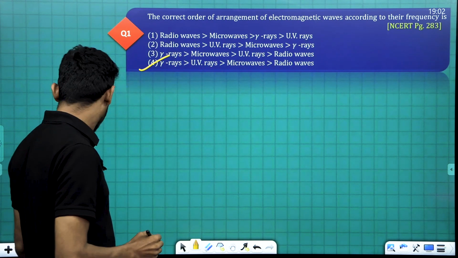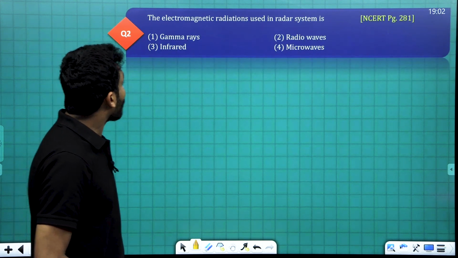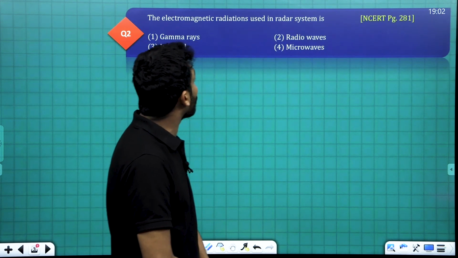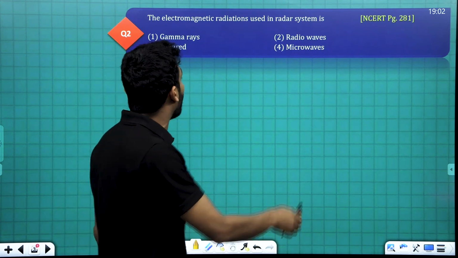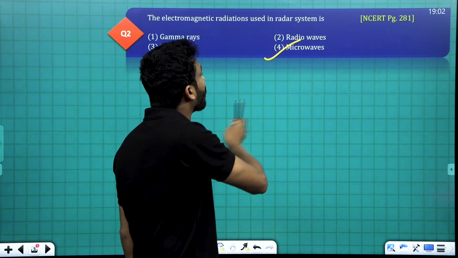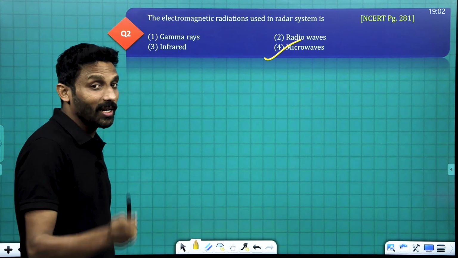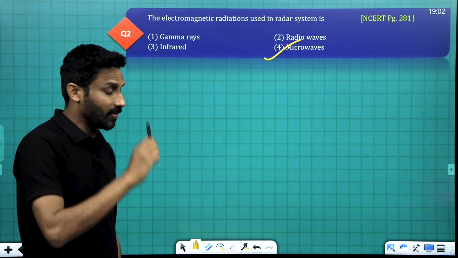Good? Yes. Next one. The electromagnetic radiations used in radar system. In radar system, out of these, the one which is used is microwaves. Uses of electromagnetic waves.